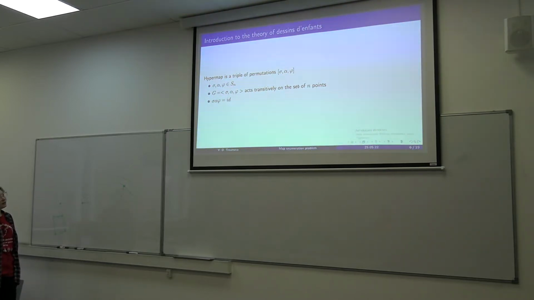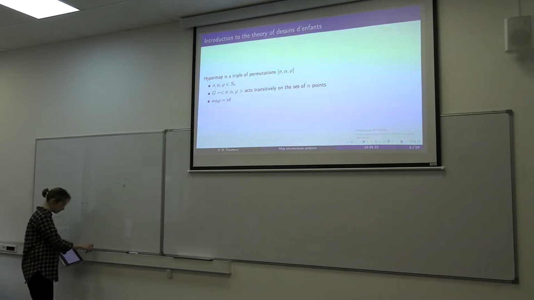Their composition is the identity, and the group generated by them acts transitively. So I'll tell you how it can be obtained in terms of our graphs.